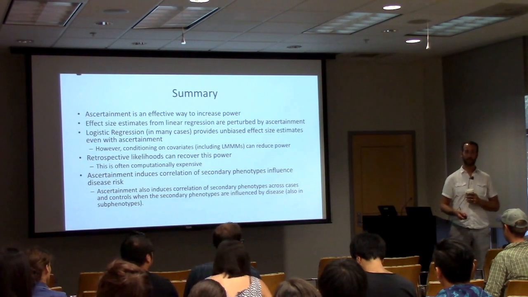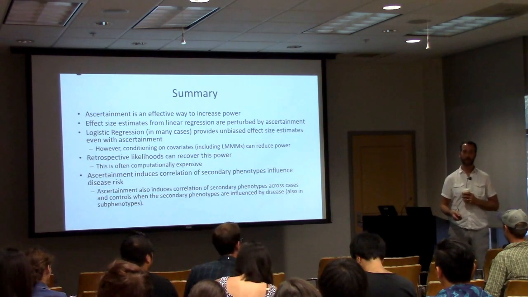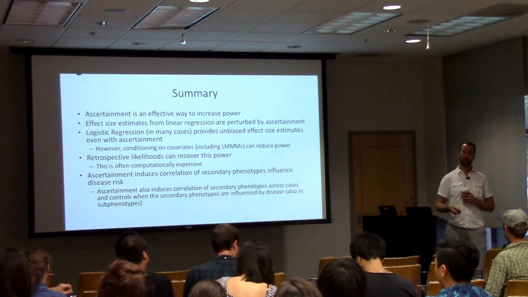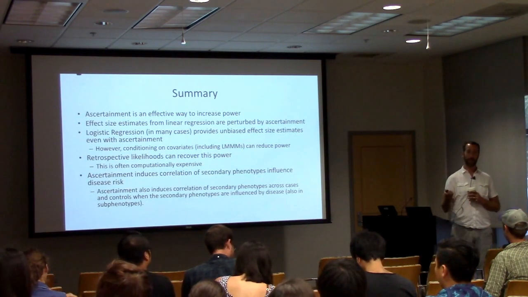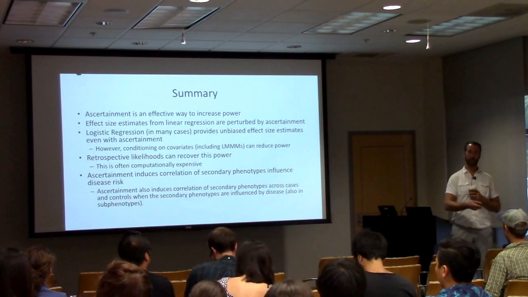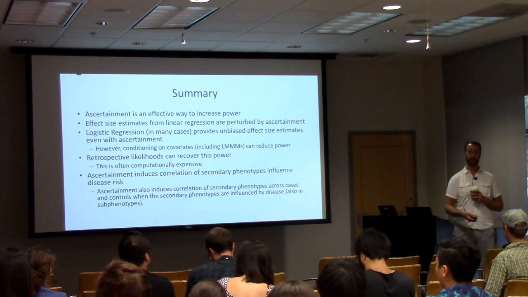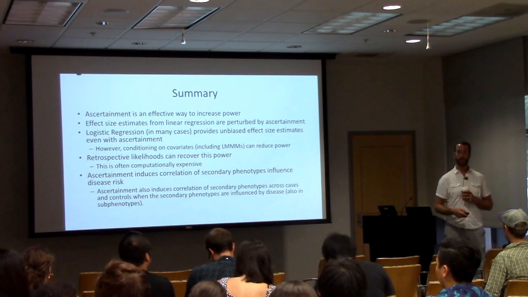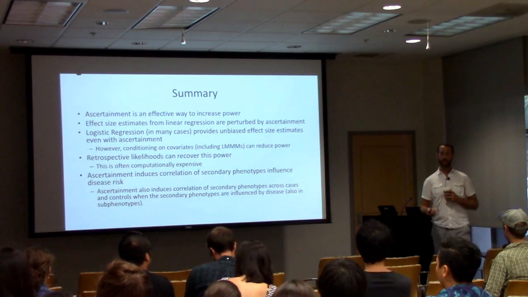There's some literature on how to go from a linear estimate of effect size, treating 0 and 1 as continuous, back to an odds ratio if you know the prevalence of the disease and you know the number of cases and controls. It makes some assumptions.